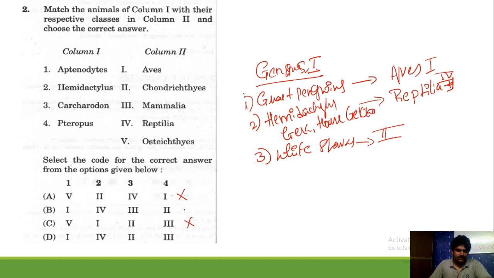If we consider option B and option D, the first one is right, and the second one is also right in both, but when we come to the third, Carcharodon, it has been given wrong. So that's why this is also a wrong answer.